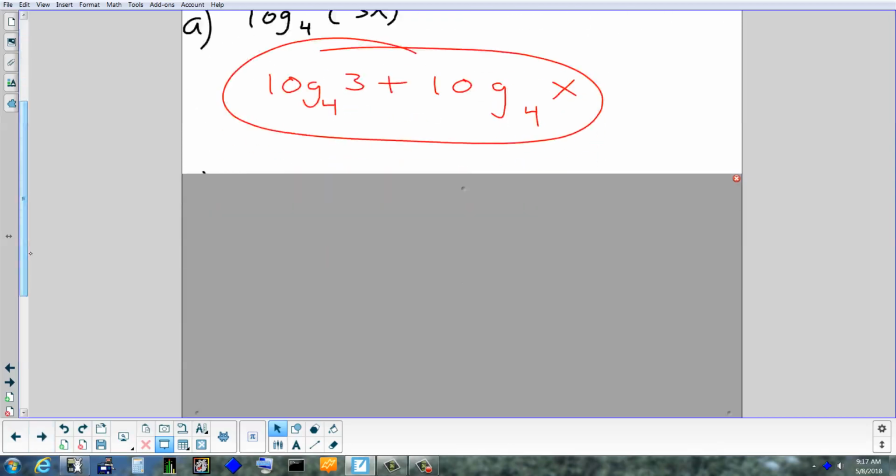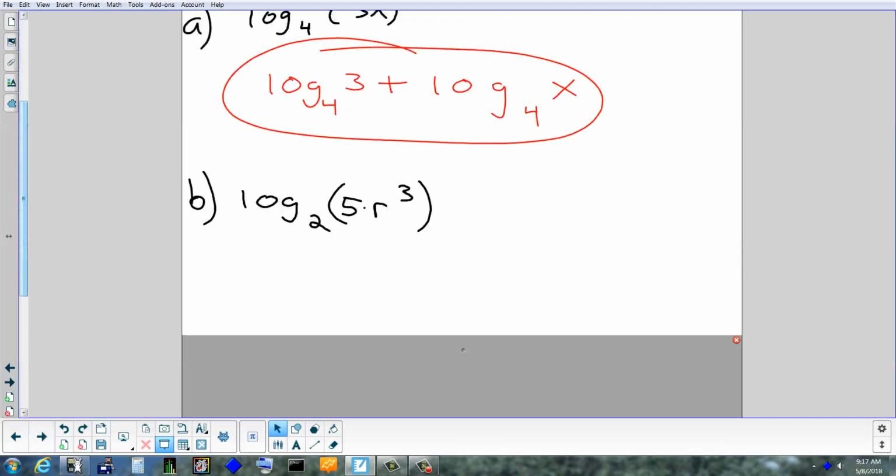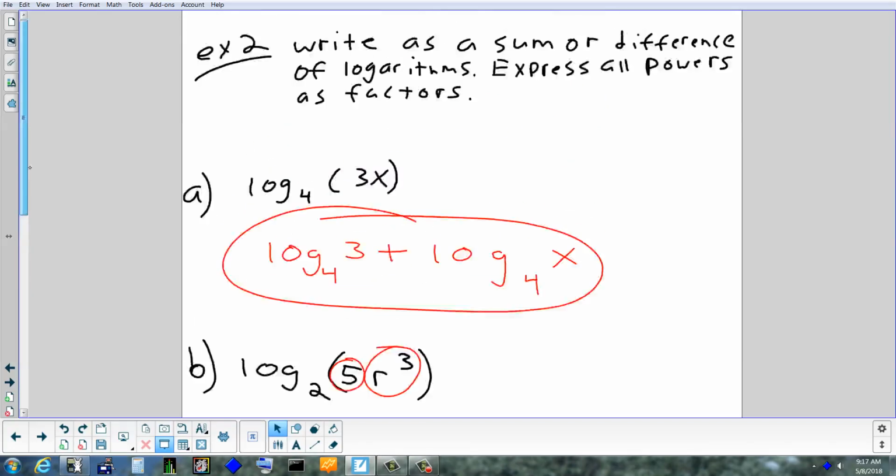All right, so let's try this one. Log base 2 of 5r cubed. And so Luke, inside my argument, do I have multiplication or division? Multiplication. One of the things might be a little bit more complicated than in the last problem, but overall I have something times something. That's exactly what I had here.